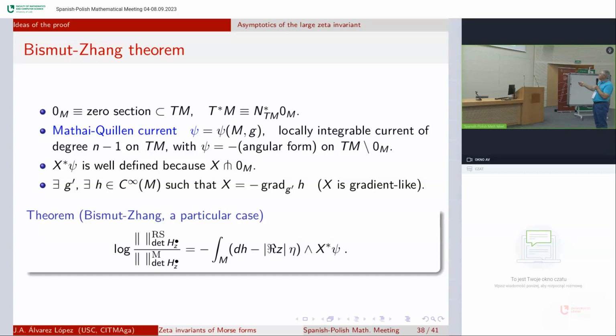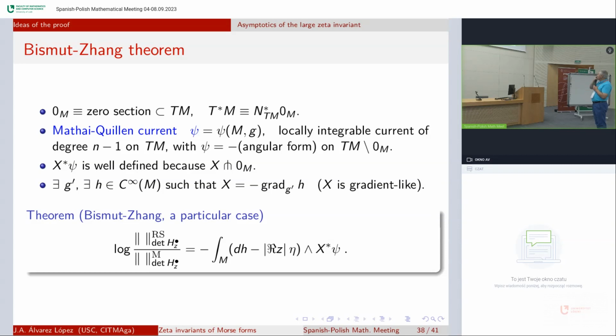Here we have the product minus the integral of the product of the differential of s minus the real part of the parameter c times the form, which is the pullback of the current of degree minus. Okay, so this is well defined.